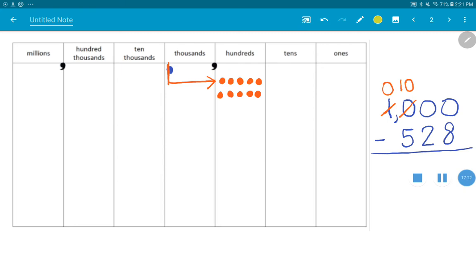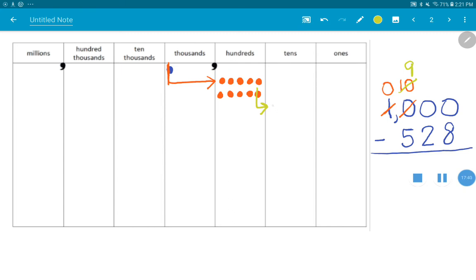We're going to mark out 10, make it a 9. Okay, so I'm going to take one of the 10 hundreds. So now you're correct. I only have 9 hundreds. What am I going to do with that 100 that I marked out? You're going to put it in the tens.